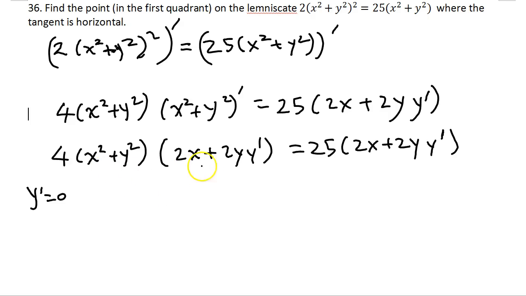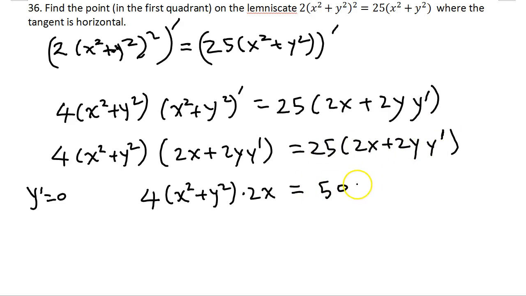So if I plug in y prime equal to 0, I get 4 times (x squared plus y squared) times 2x, and this will be, if y prime is 0, 2 times 25, which is 50 times x.